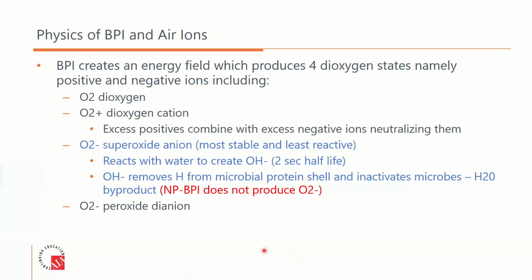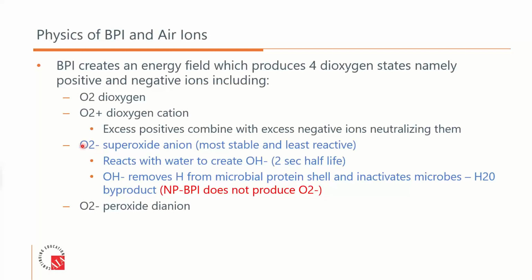So I talked a little bit about the super ion, and that's the unique thing about this technology as compared to other technologies: it does produce the super ion. The O2 negative ion that's produced because of that high voltage differential creates an ion that will last for basically 30 to 60 seconds.